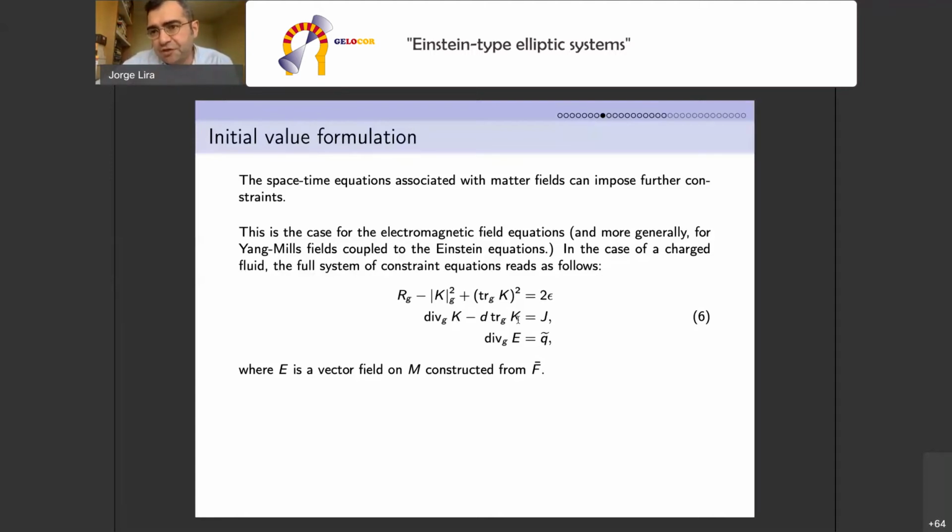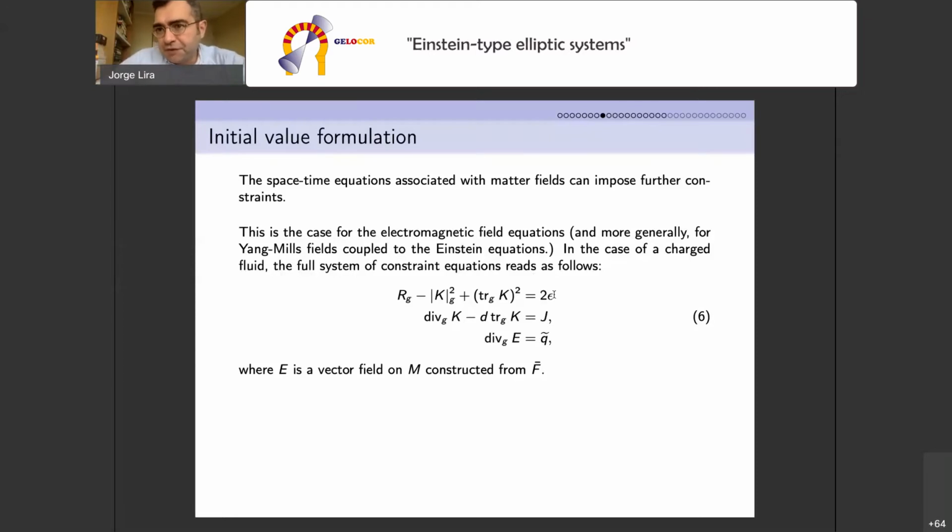So this Poisson equation in 6 is the element that was lacking in the first two equations. Now we have the full system of equations prescribing all the geometric and physical information in the initial surface M. From now on, you only have M, that abstract remaining manifold with the metric g, the second fundamental form K, and this charge density, which generates all the information in E, J, and epsilon.